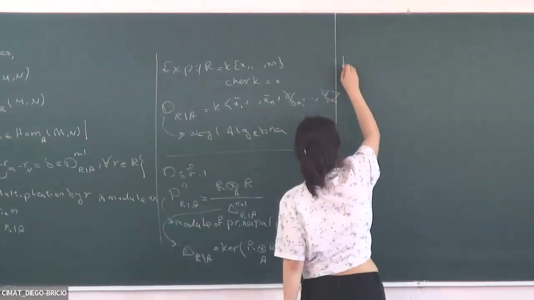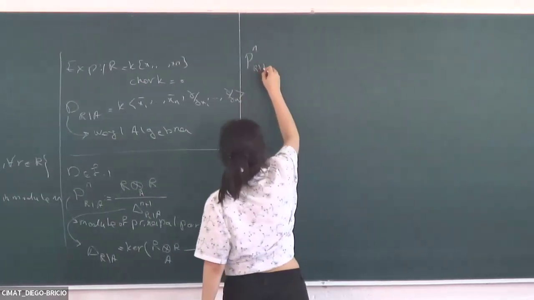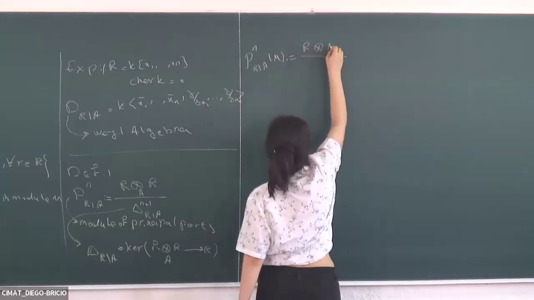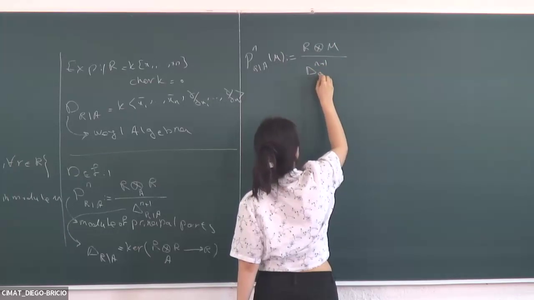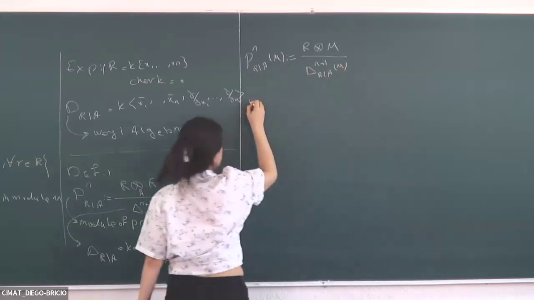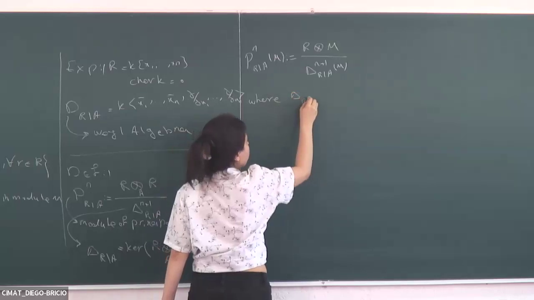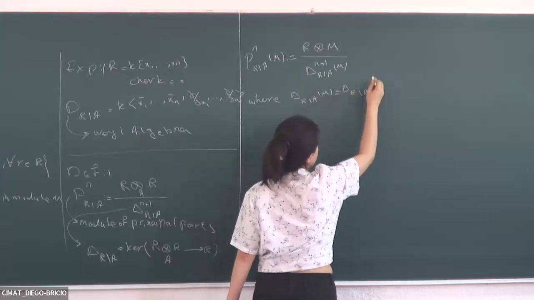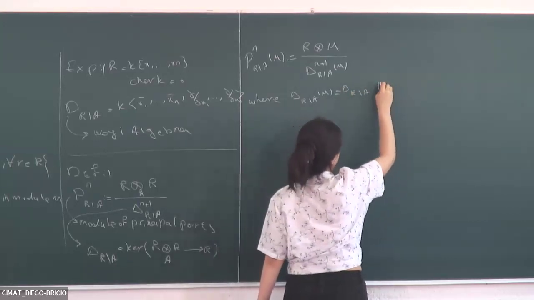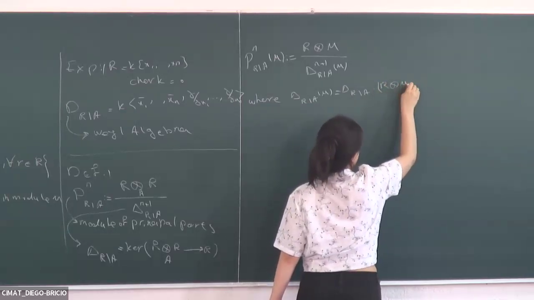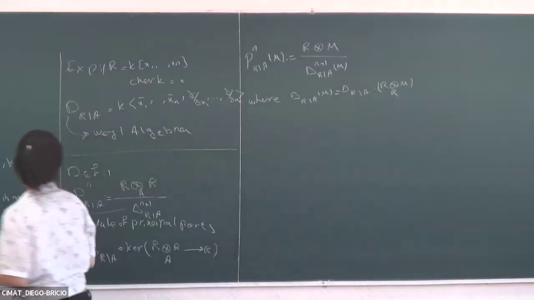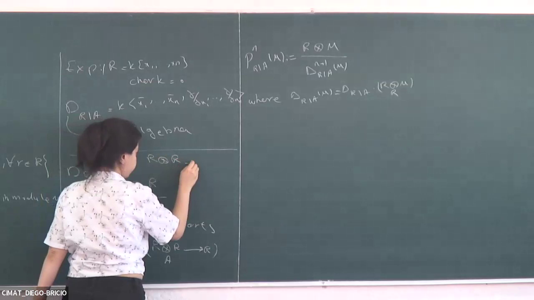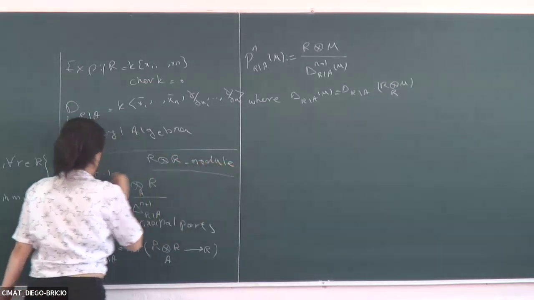P^n_{R/A} we define as R tensor_A R over Δ^{n+1}_{R/A}, where Δ_{R/A} is the kernel of the multiplication map. These two modules are actually R tensor R modules.